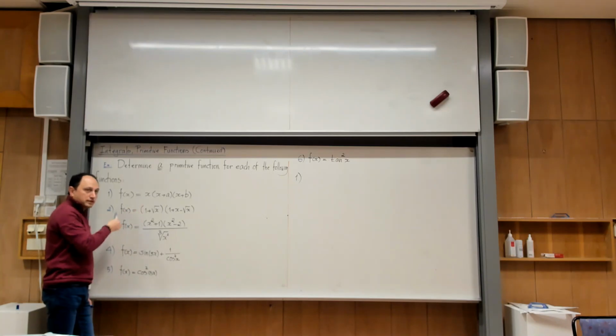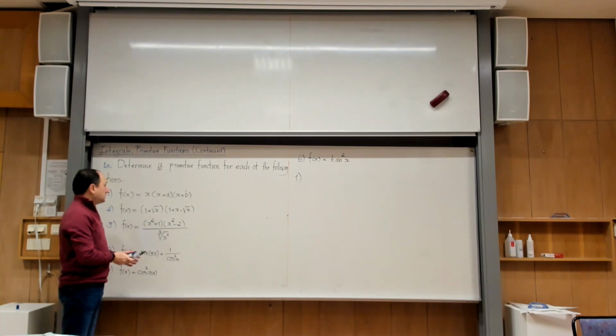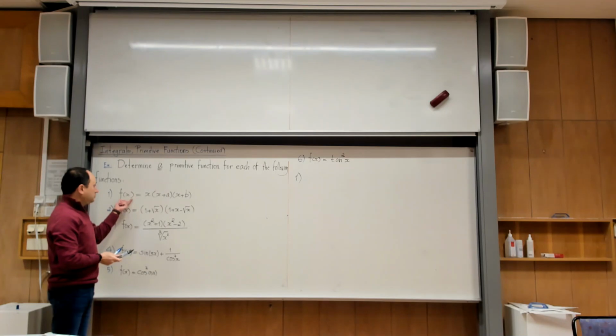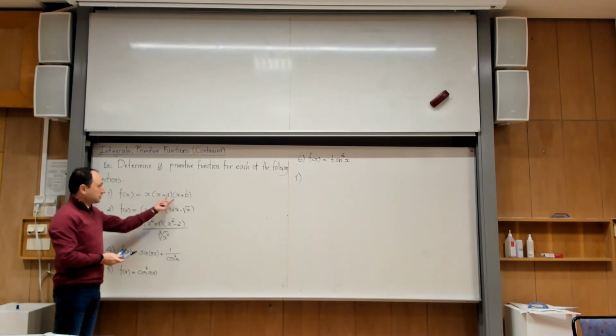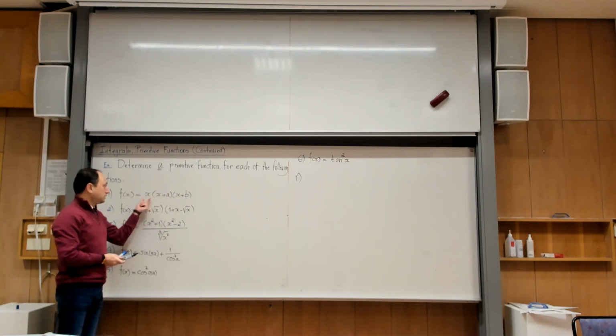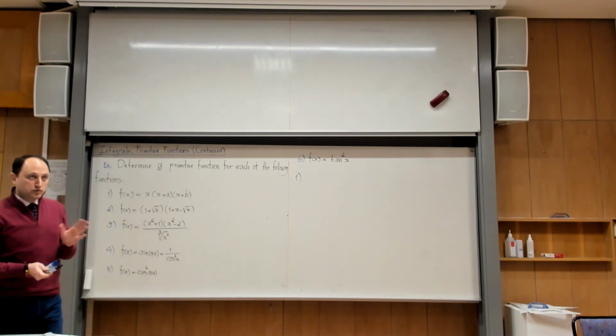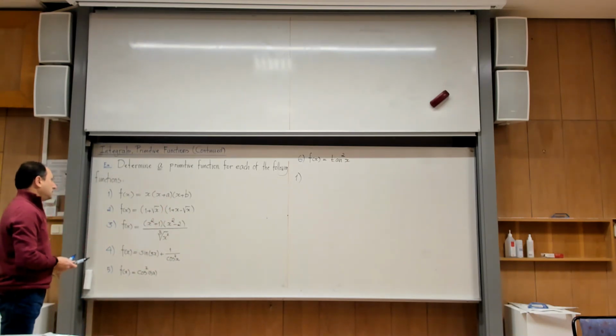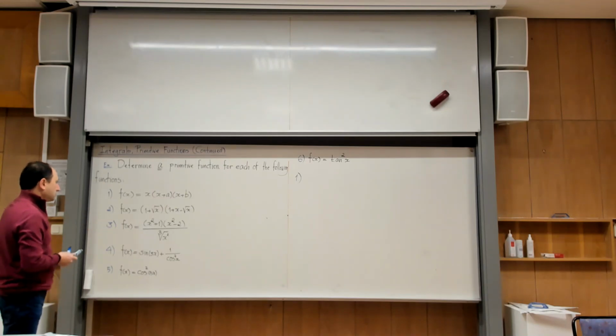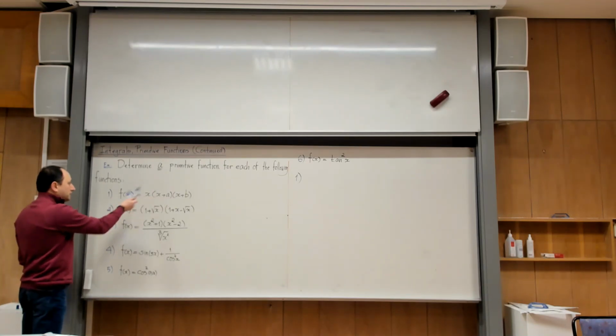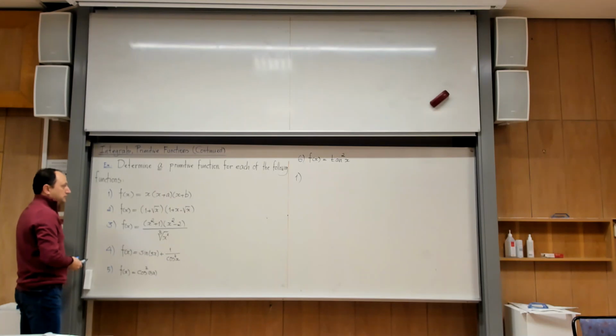But unfortunately, there is no rule that I can find a primitive function for the product of three functions if I know the primitive functions of each one of them individually. So those rules are not in finding primitive functions. So the only way that I can do is just to expand this expression.